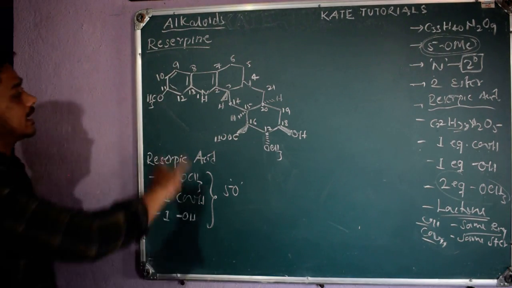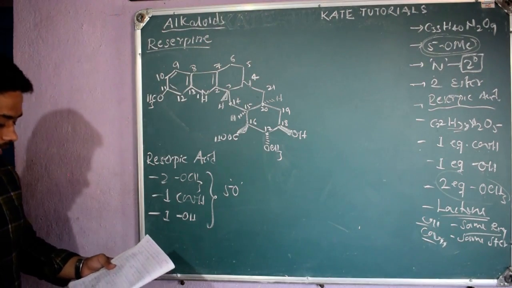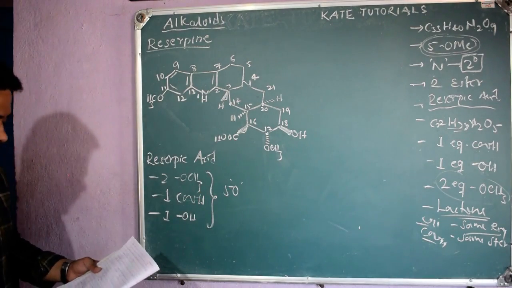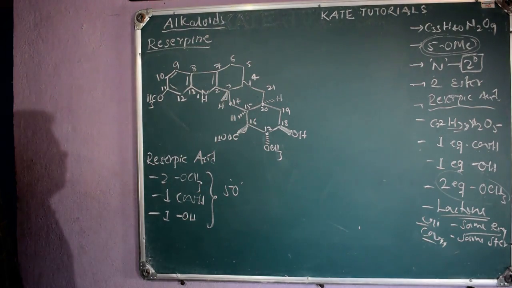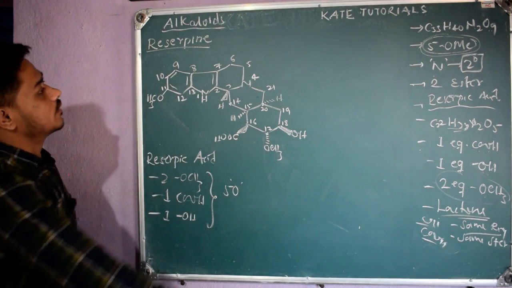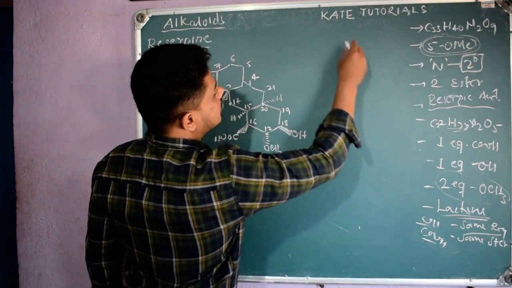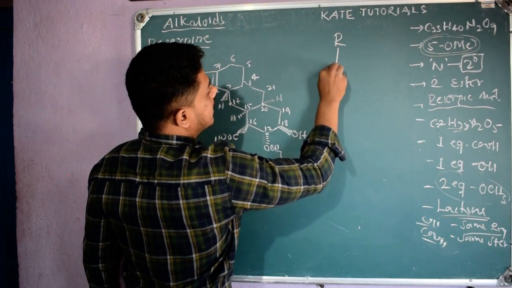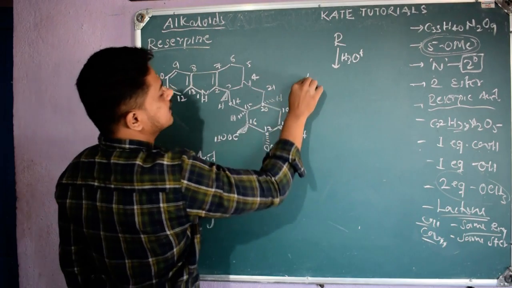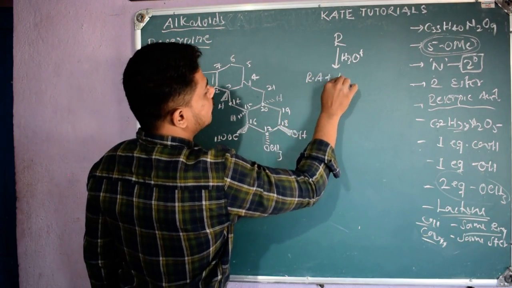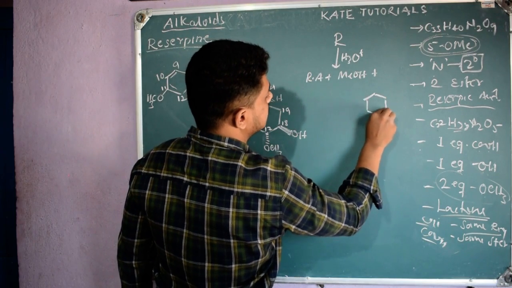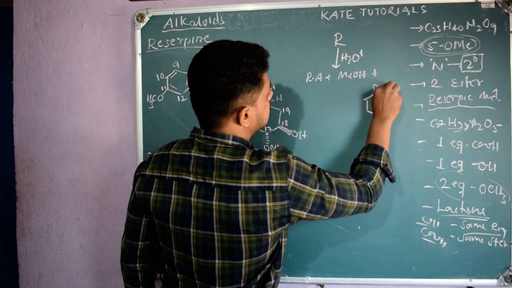Once they numbered like this, they gave the stereochemical description for this reserpine. Before giving the stereochemistry description, we know that when we do acidic hydrolysis of reserpine, we get this reserpic acid along with 1 molecule of methanol and 1 molecule of this kind of acid, COOH.